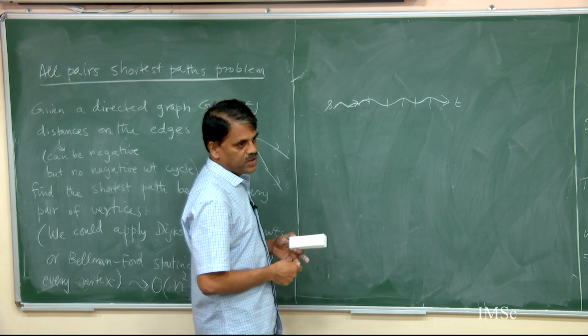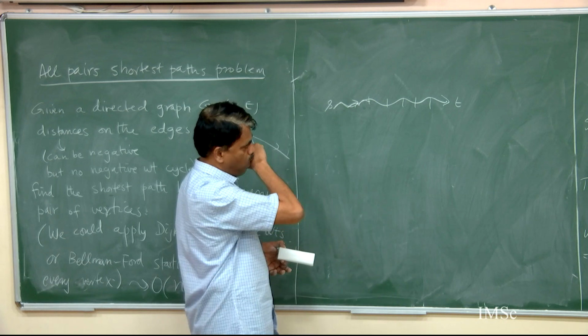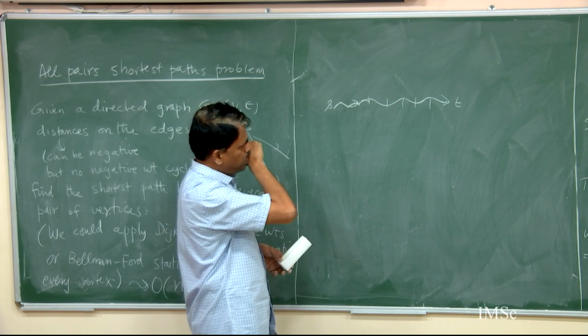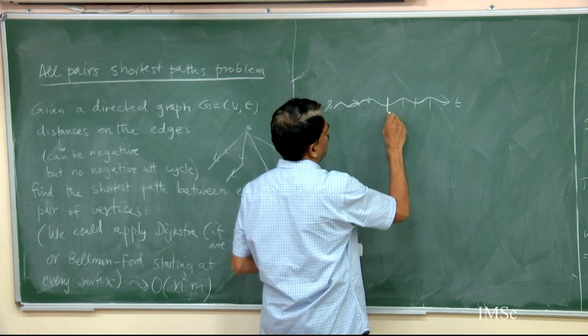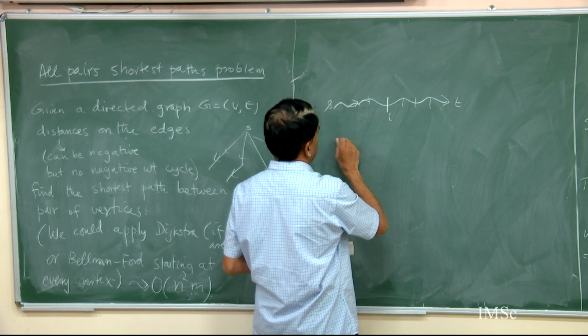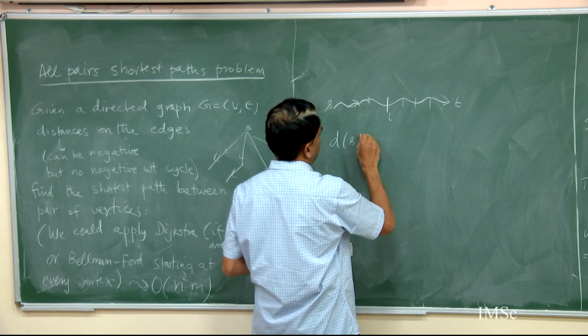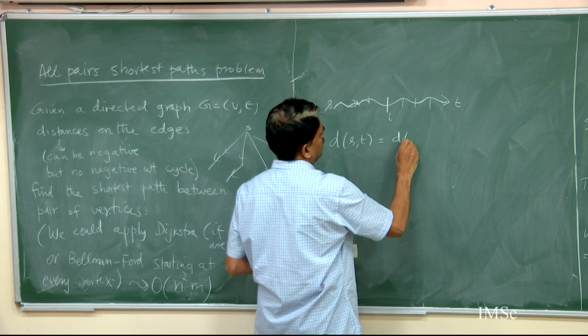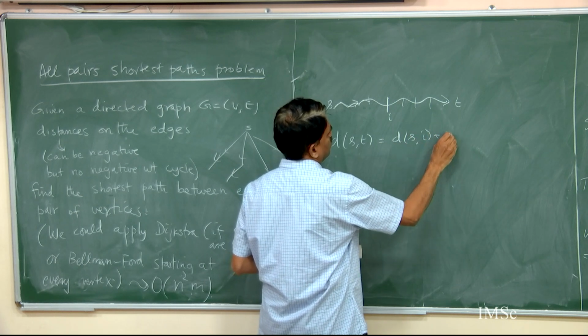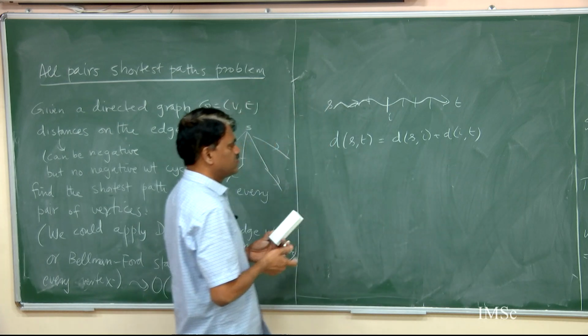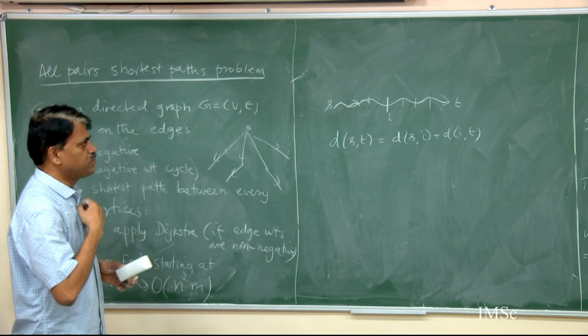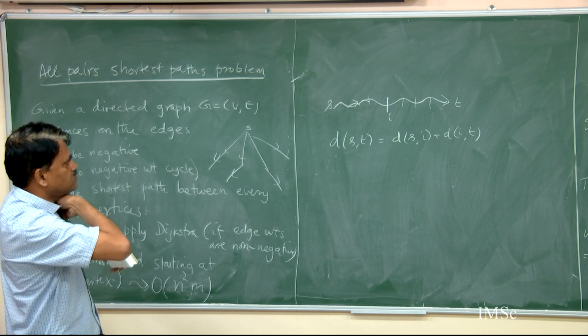So that is what I want to make use of. In particular, the shortest path from S to T, if I is an intermediate vertex, let us write the length of this path from S to T would be, so this is sort of a recursive formulation, we need to build it from here.